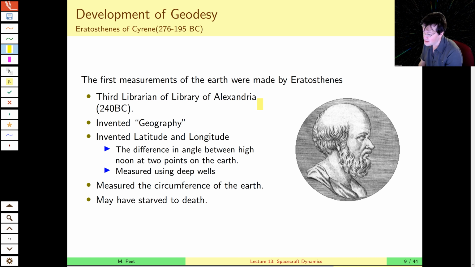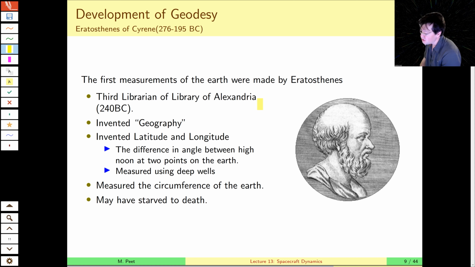As I mentioned earlier, everyone in Greek times knew that the Earth was round, from Anaximander in 600 BC. Okay, he didn't know. But everyone after that was pretty clear on the fact that the Earth was round.